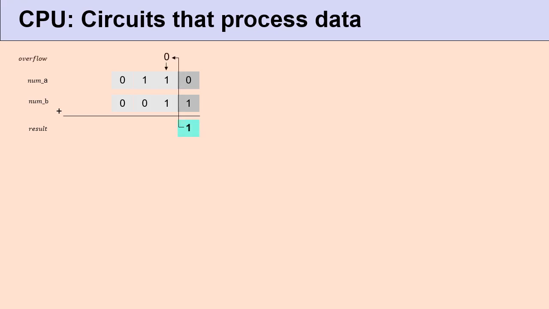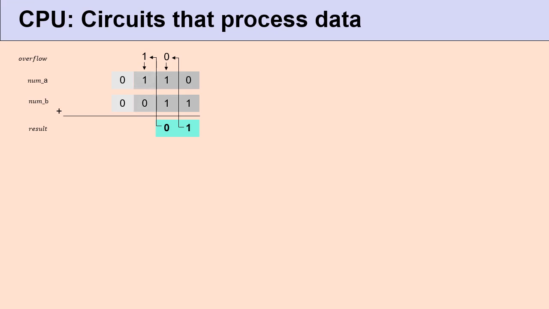There will not be any overflow to the next stage. Then I will add the next least significant bits in both numbers. In this case, number A and number B both have 1 as the second least significant bit. When I add these two together, I get 0, but with an overflow to the next stage.